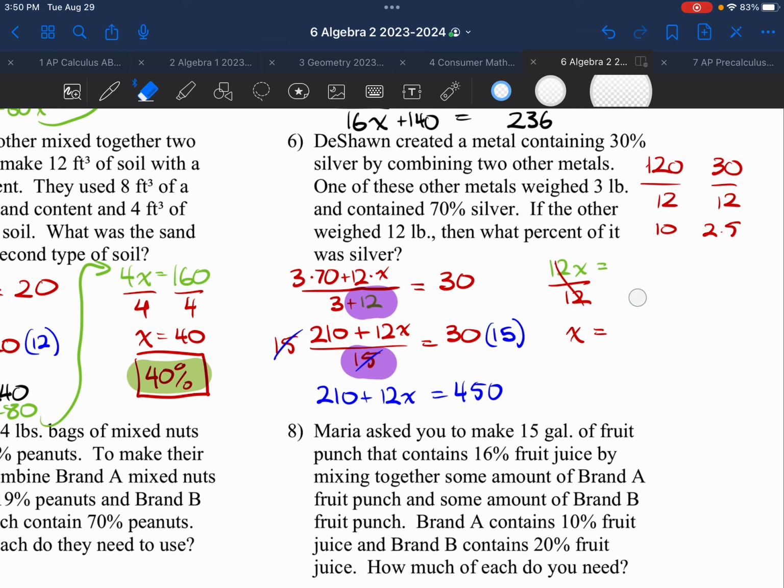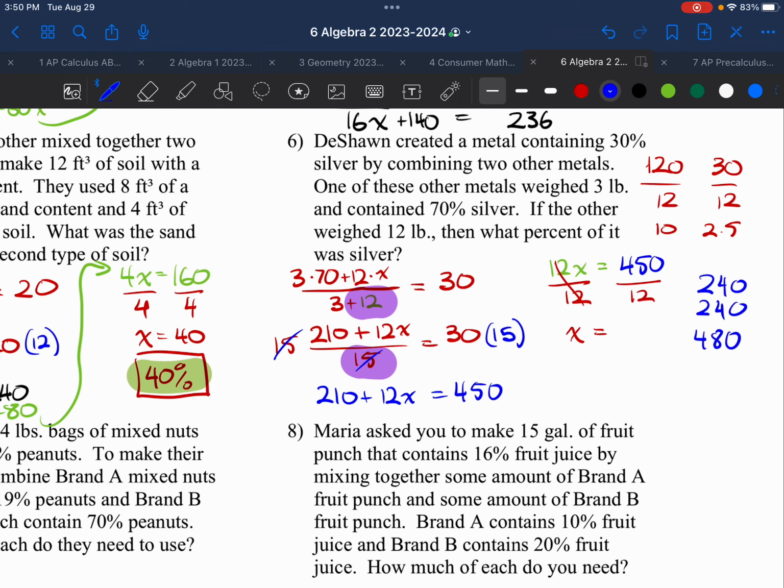And, no, that's all good. Okay, so I'm going to have 450. How do I do 450 divided by 12? Well, I know that if I do 240 and 240, that gets me to 480, which gets me really darn close. And then 480 is 30 apart. This still doesn't feel like it comes out nice.